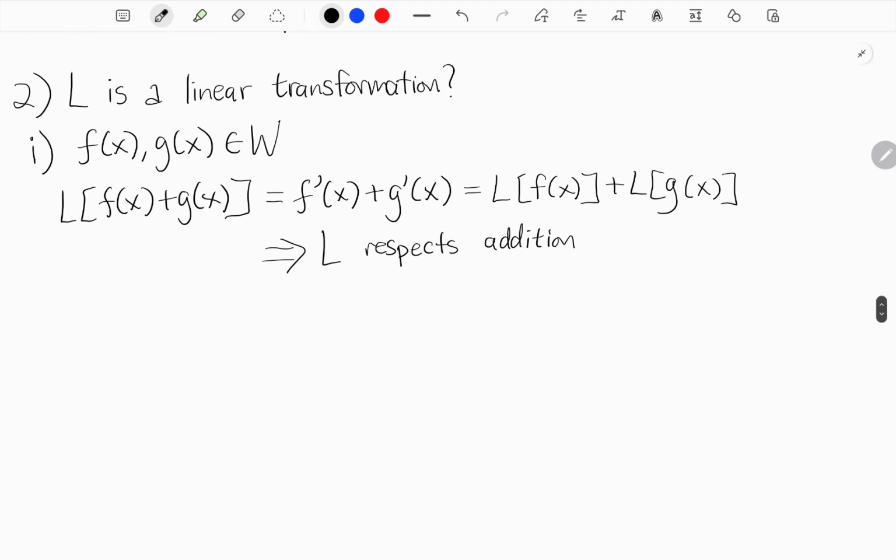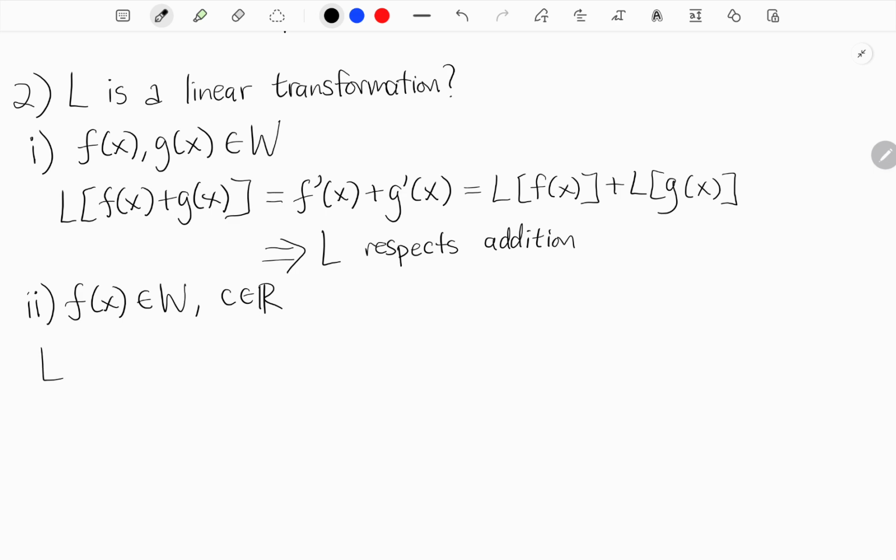So now let's check for scalar multiplication. Because I said earlier that derivatives respect scalar multiplication and addition, L should respect scalar multiplication as well, but let's just show that. So f of x is in W and c is an arbitrary real number.